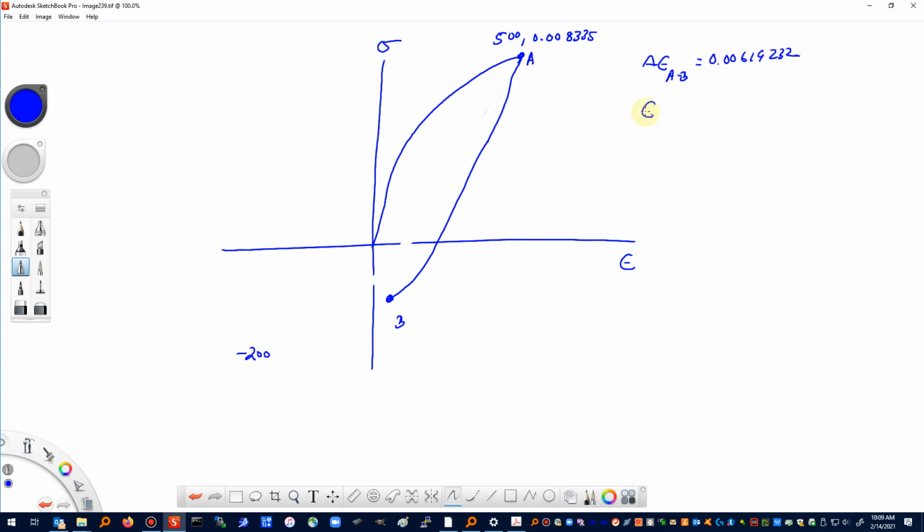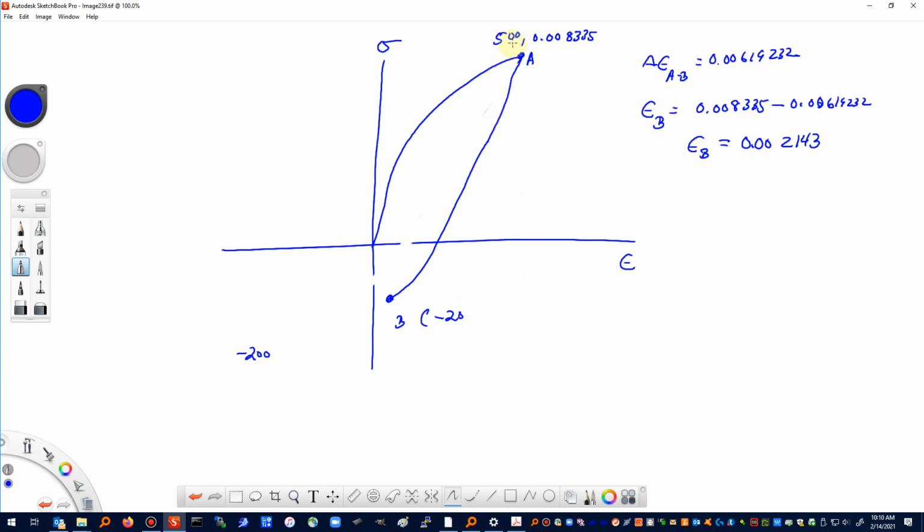My strain at position B would be my strain at A minus the delta epsilon. And that tells me that it is equal to 0.002143.